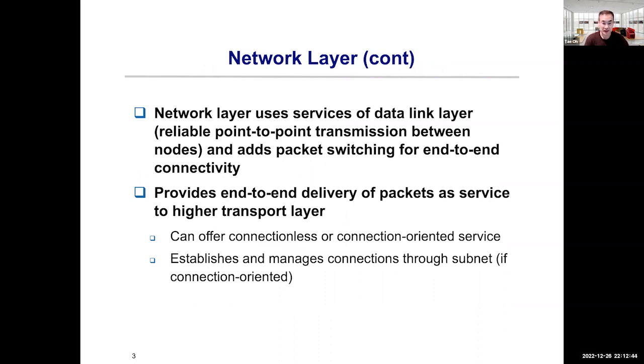Let's take a look at the network layer, which is a very important layer. The network layer is where IP, the internet protocol, is located, right? It uses the service of the data link layer, a reliable point-to-point transmission between the nodes. That's the function of the data link. It makes sure that point-to-point delivery to the neighbor is reliable and safe.